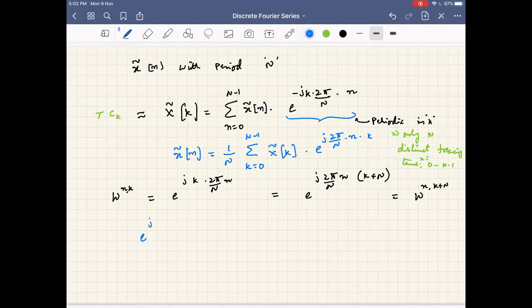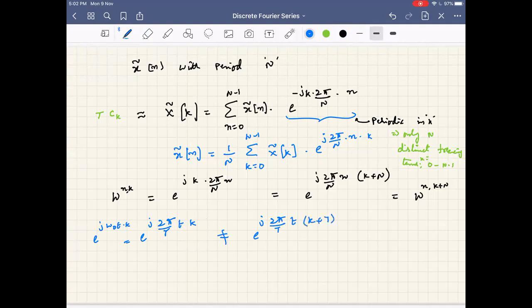That means e^{j 2π/T · t · k}, that is e^{j ω0 t k}, is not equal to e^{j 2π/T (k+T)t}.